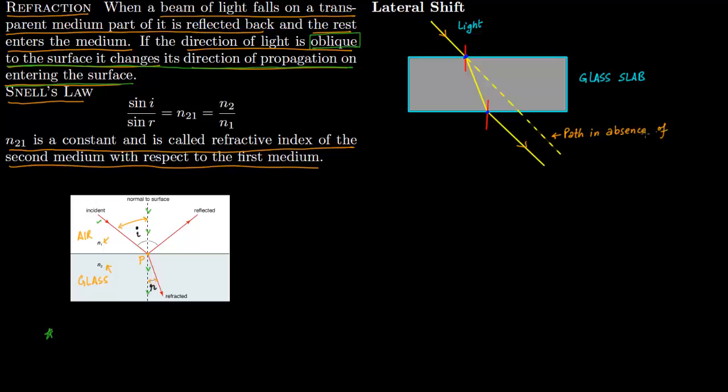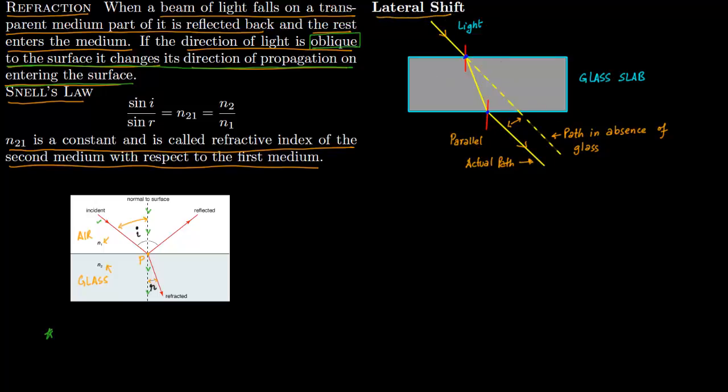The solid line is the actual path because you have a glass, and the dotted line was the path if there was no glass. These two rays are parallel to each other, and this is called the lateral shift.